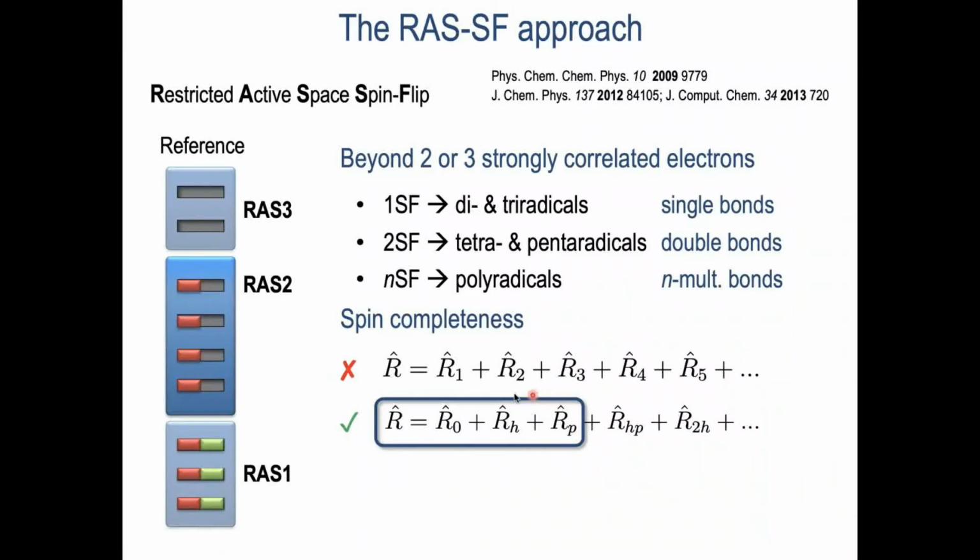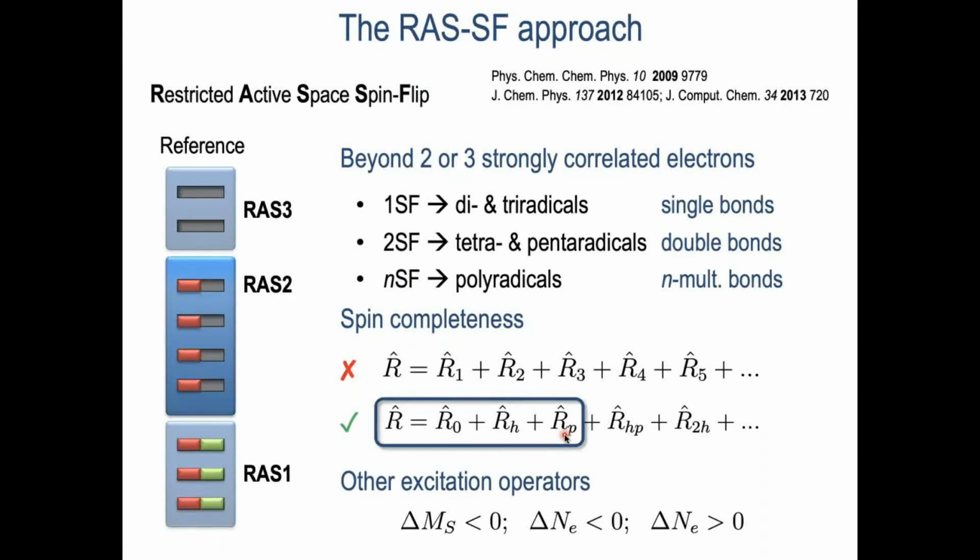And typically the truncation that, for different reasons, we use, and is the default in Q-Chem, is the one that includes up to hole and particle configurations.